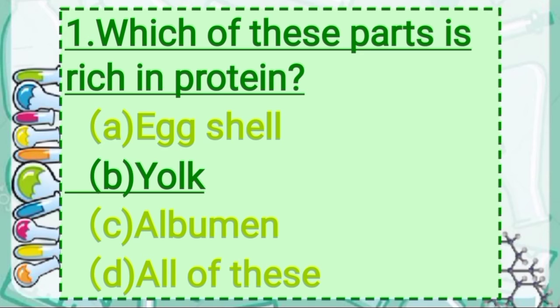Which of these parts is rich in proteins? Answer is yolk. Yolk is a part of egg which is rich in protein.